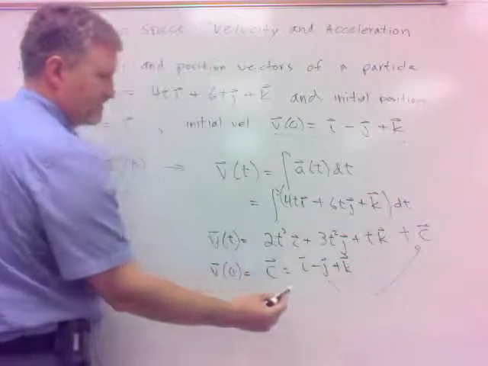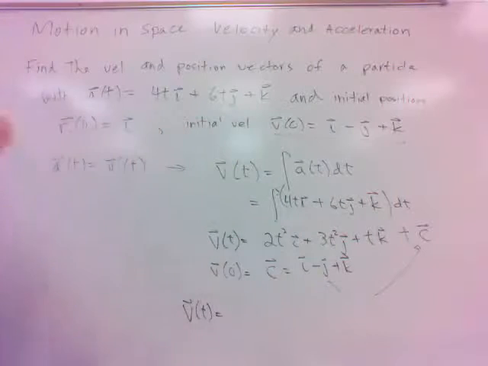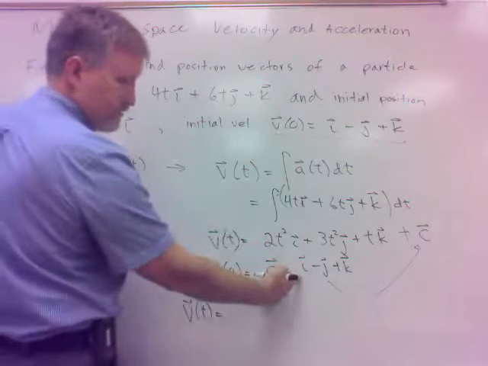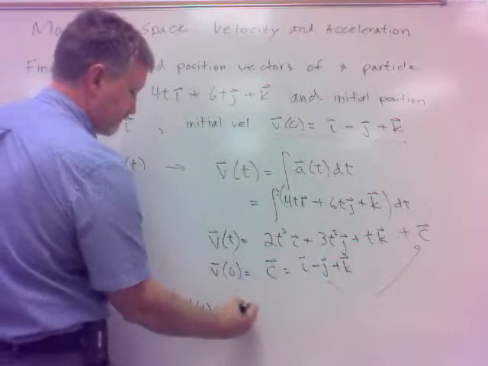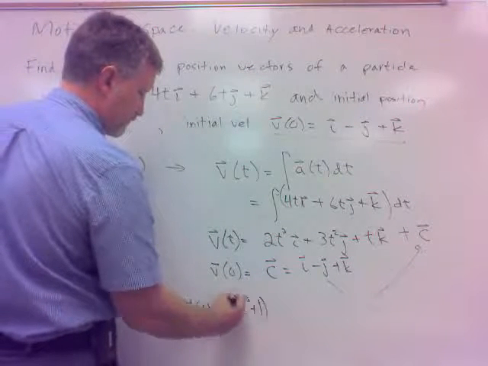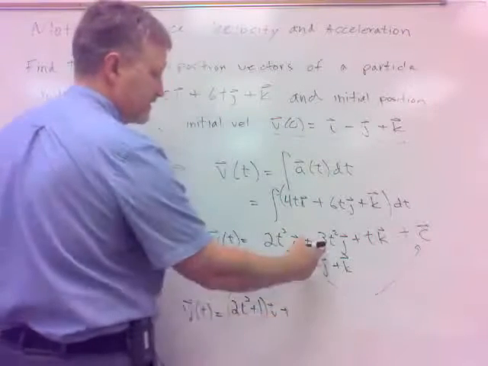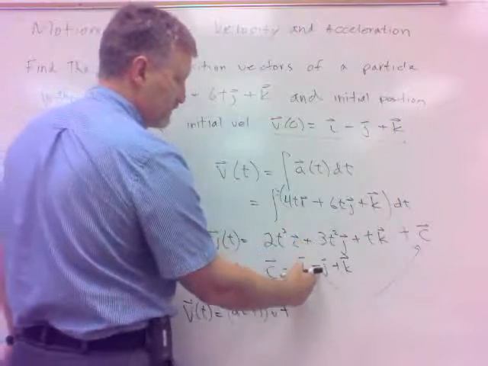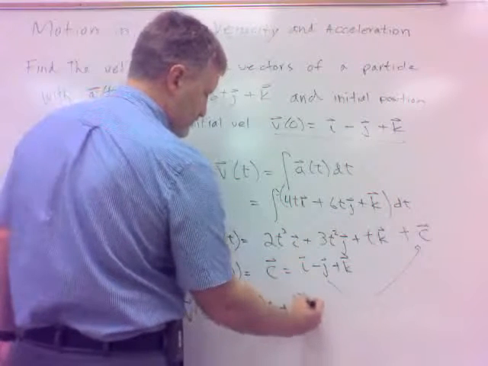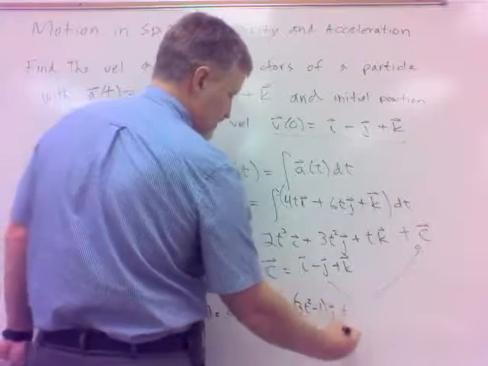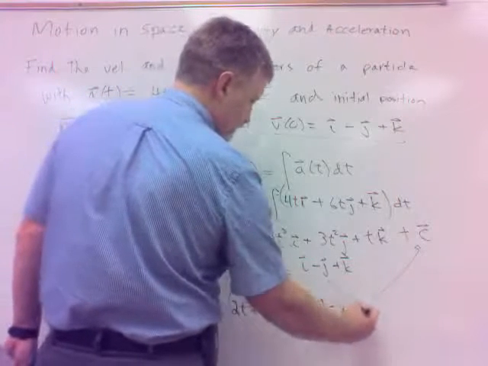So what's the velocity vector if we combine the i, j and k components? We have (2t squared plus 1) i plus (3t squared minus 1) j plus (t plus 1) k.